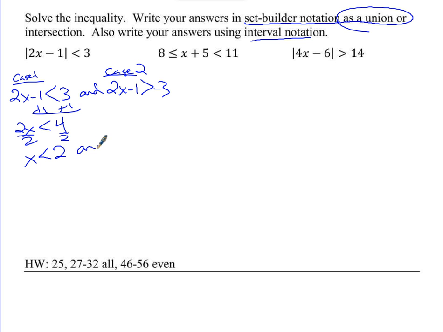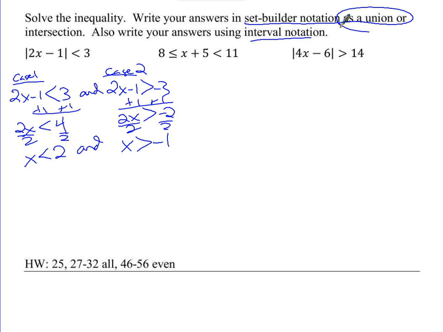And solve case 2. Add 1 to both sides. Greater than negative 2. Now divide both sides by 2. X is greater than negative 1. Good. So now that is our answer. But they said write your answers in set builder notation as a union or intersection.